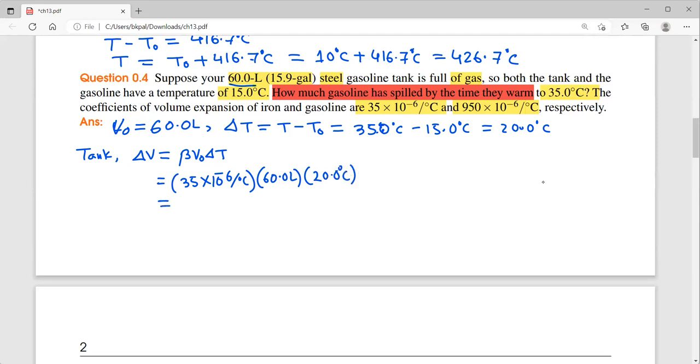So the change in volume for the tank is this; I got something like this. And the same thing for the gas: delta V is equal to beta V0 delta T. The only difference is the beta. Beta for the gas is this.